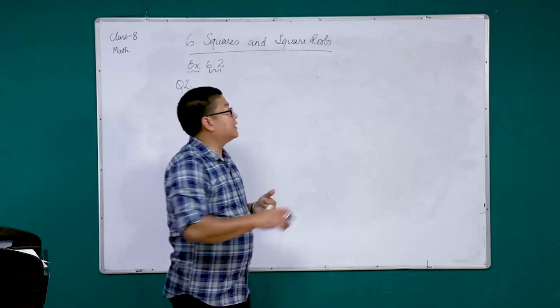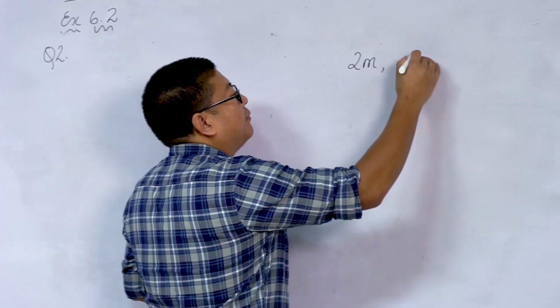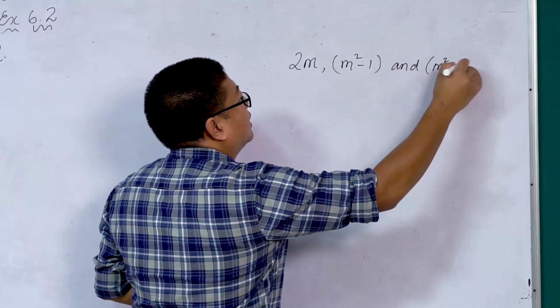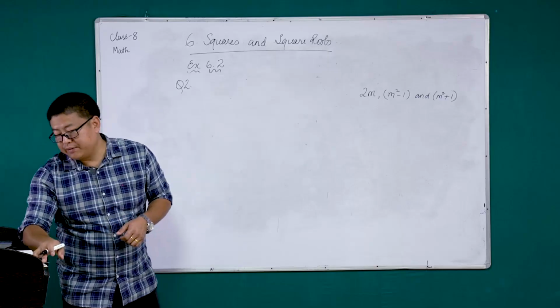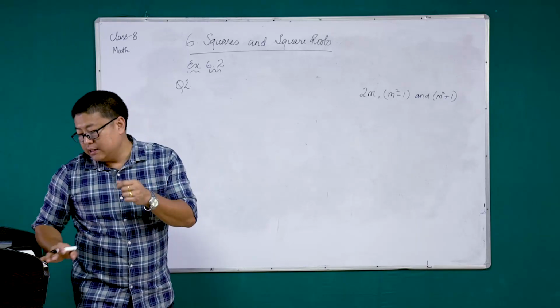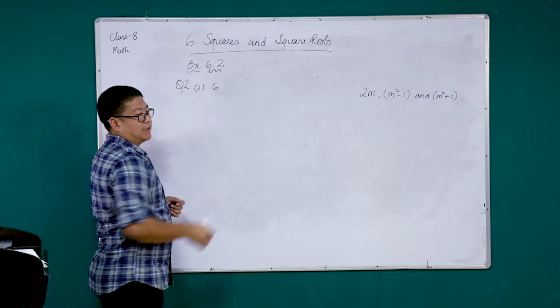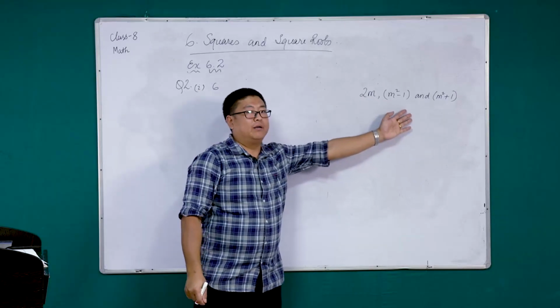Pythagorean triplet is nothing but in this form: 2m, m square minus 1, and m square plus 1. So, in the question it is given, write a Pythagorean triplet whose one member is 6. So 6 is one member here.